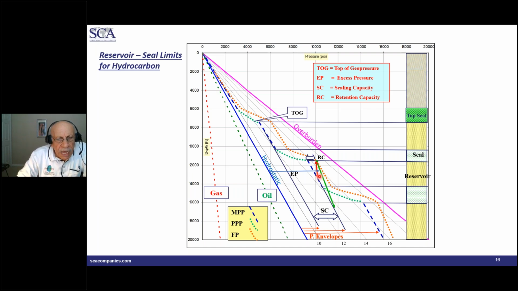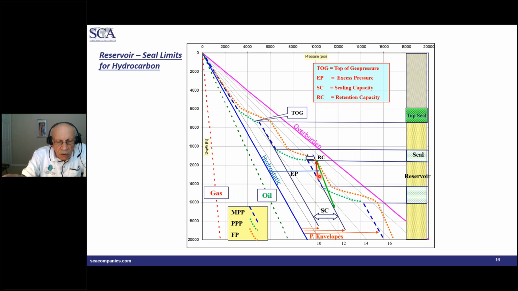And that's why now in the deep water, we discover more oil than gas, because the deep water has a narrow drilling tolerance window. The frac pressure is close to the pore pressure.